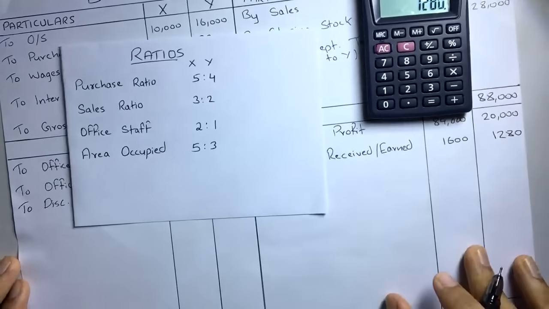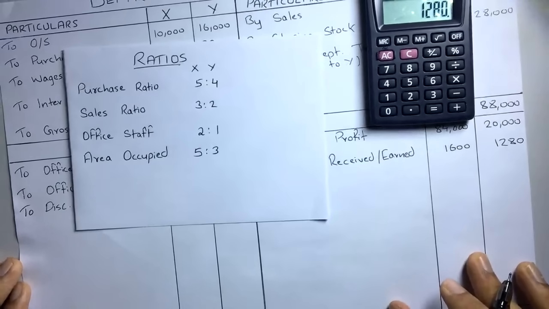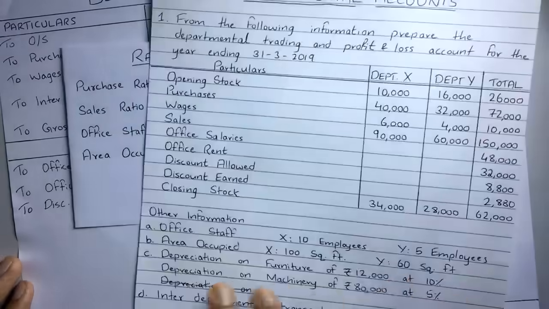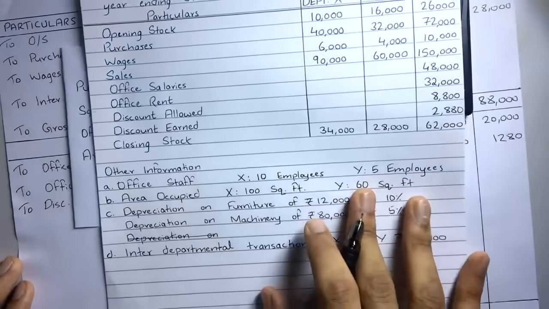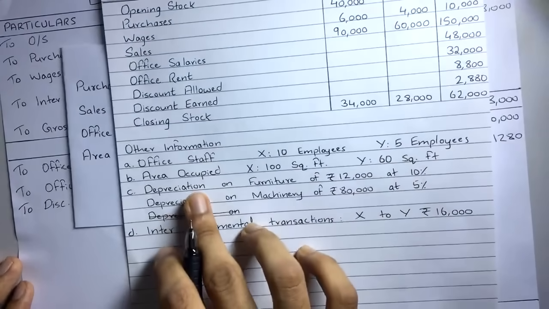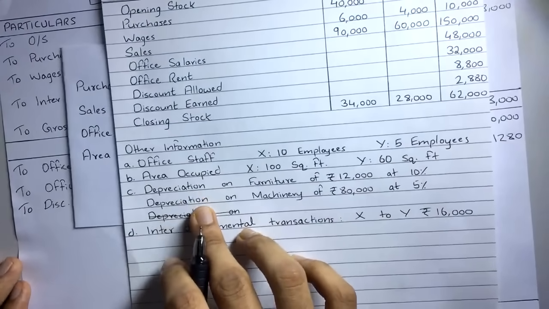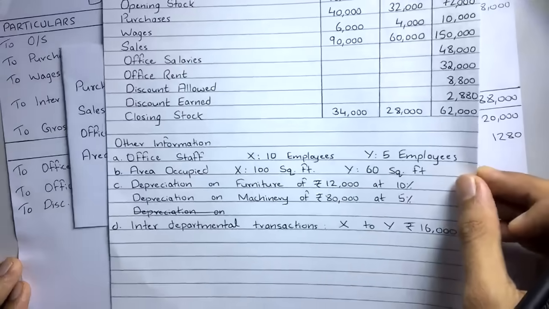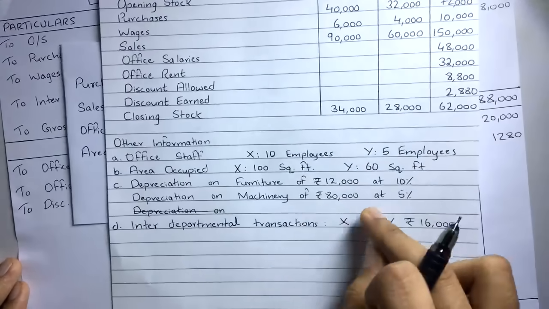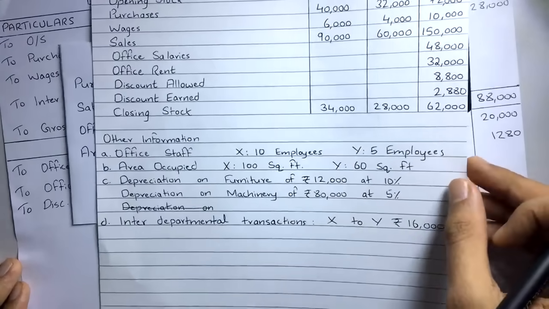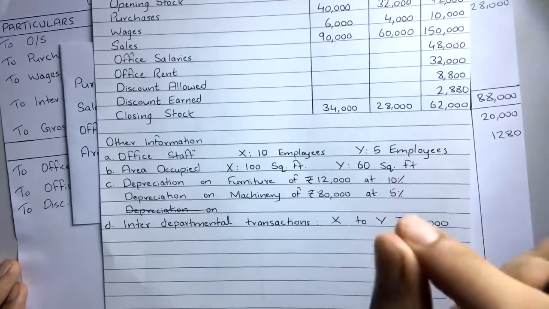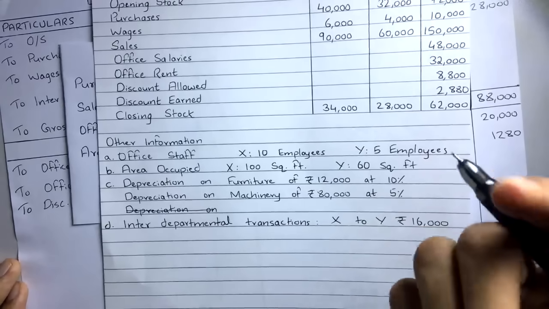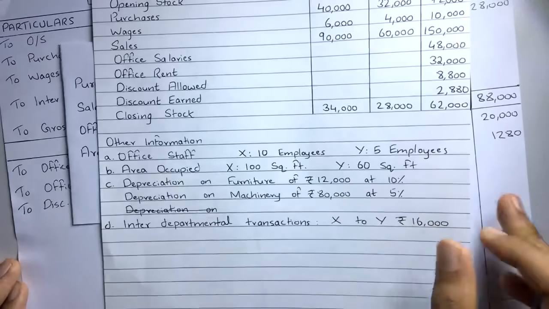Simple. After that, in the other information, if you see over here, we have depreciation on furniture of 12,000 at 10%, and depreciation on machinery of 80,000 at 5%. So what is depreciation? Depreciation is like a loss or an expense, so it will come on the debit side.